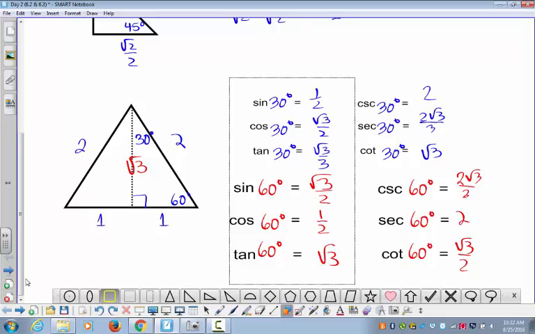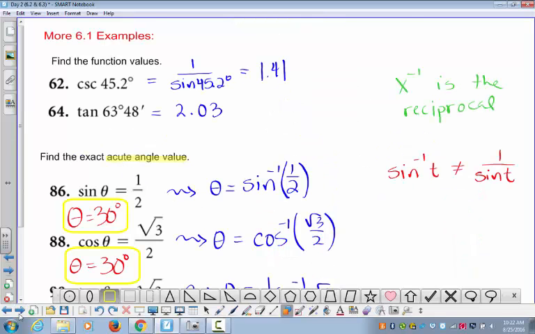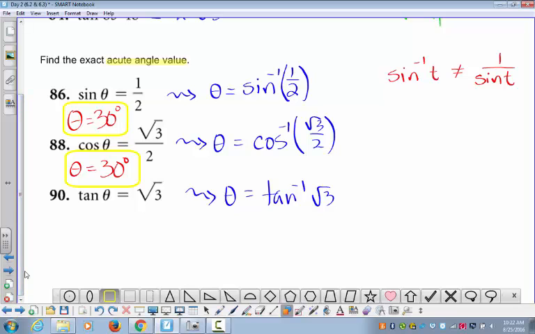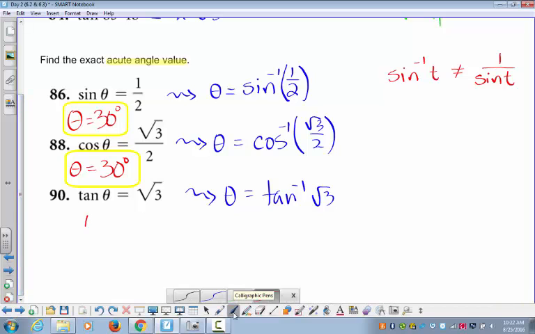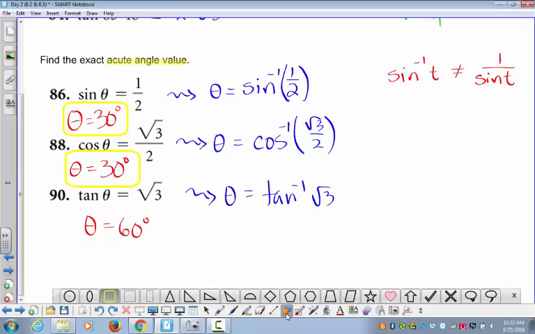Those are the ones that should clue us in that we're dealing with a special angle. And so our answer here is 60 degrees. That is the acute angle with a tangent value of root 3.